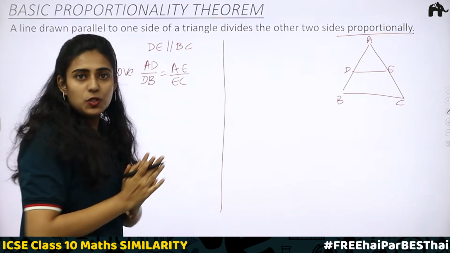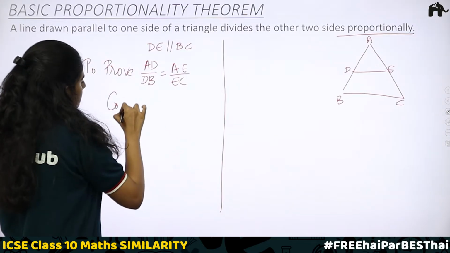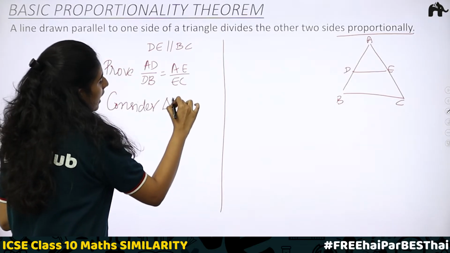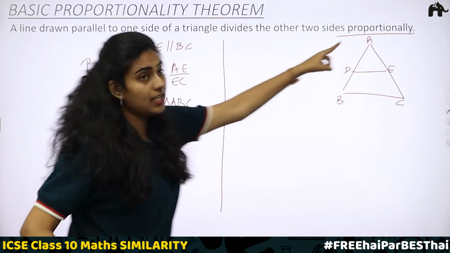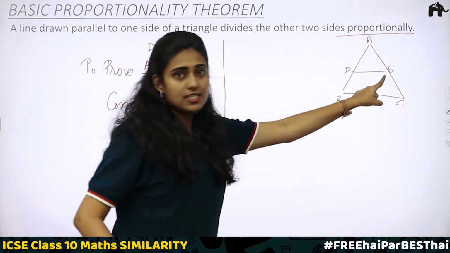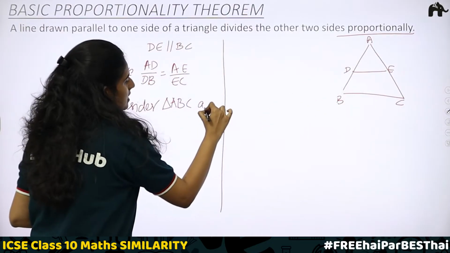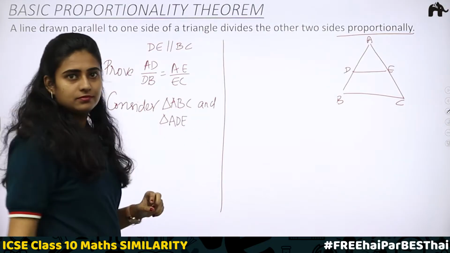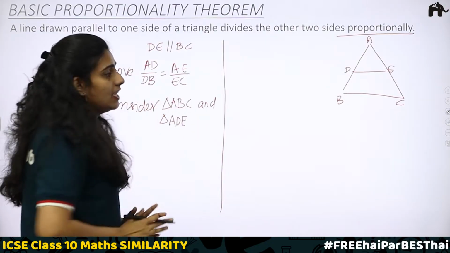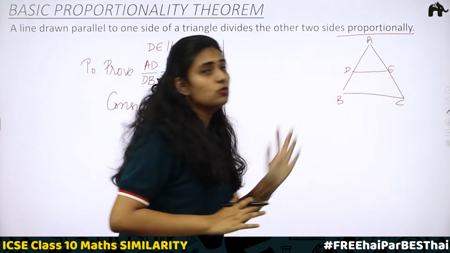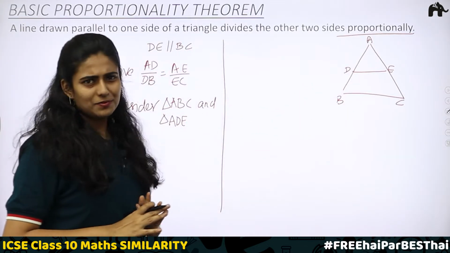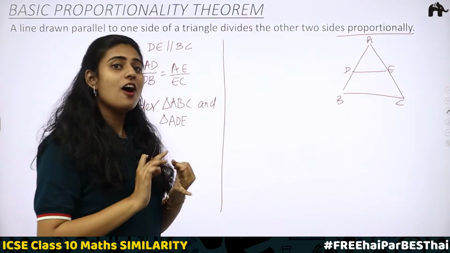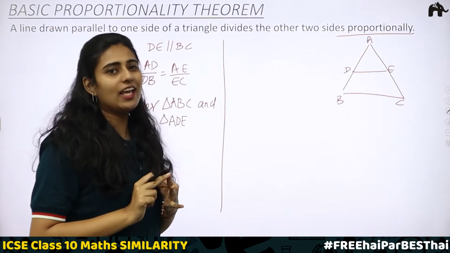We'll be considering two triangles: the bigger triangle ABC, and the smaller triangle ADE. Let us see if we can get these two triangles similar. How to show similarity? Either we should use the SAS rule or the SSS rule or AAA rule.